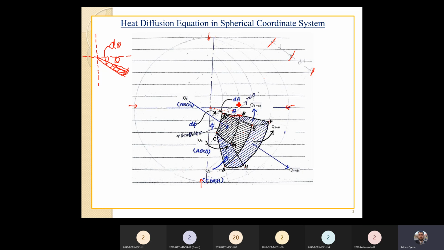This distance is d theta. It is represented by d theta. And this is the angle of this surface. Please keep in mind, this is not the angle. We are talking about a sphere, not a circle. So this is the angle of this whole surface.